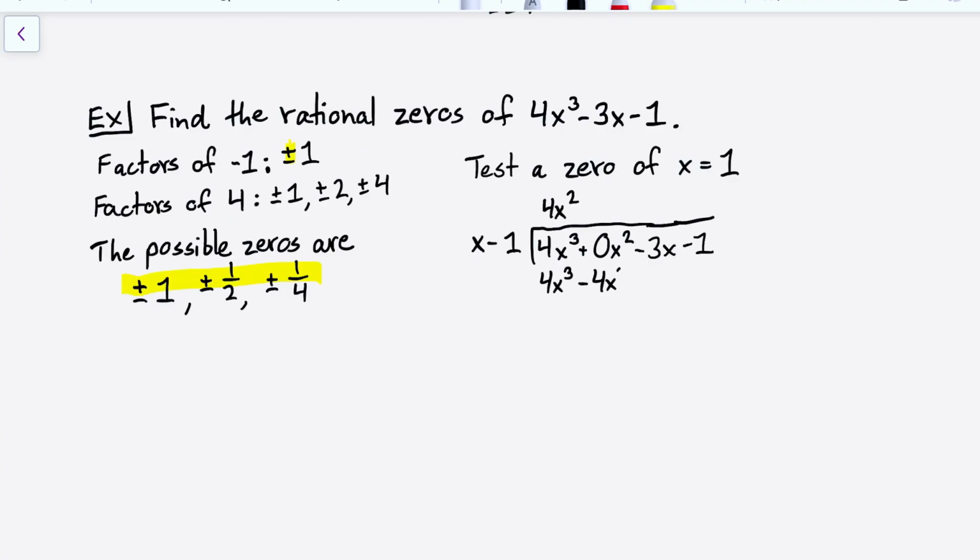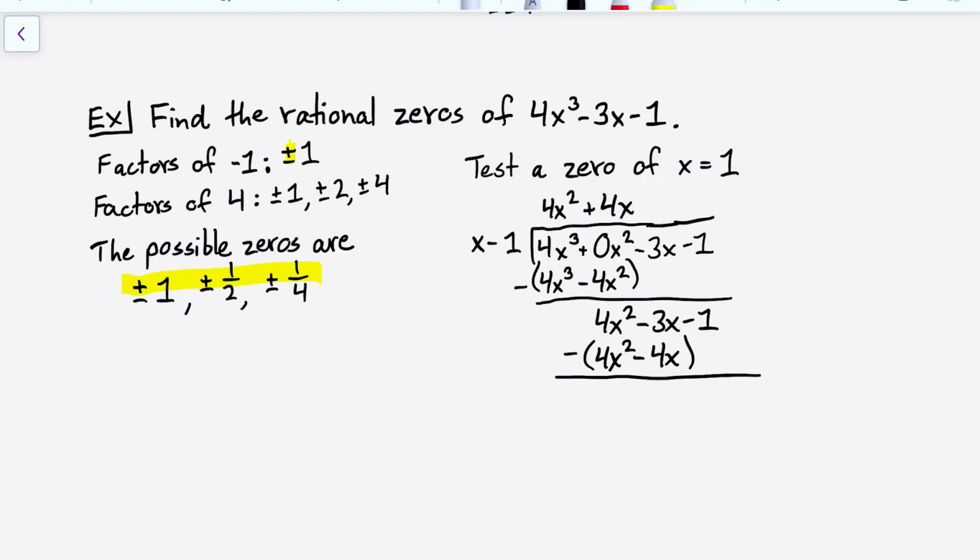The first term is 4x squared. Then I subtract. We carry on. The next term is plus 4x. I multiply. 4x times x is 4x squared. 4x times negative 1 is minus 4x. And I subtract.